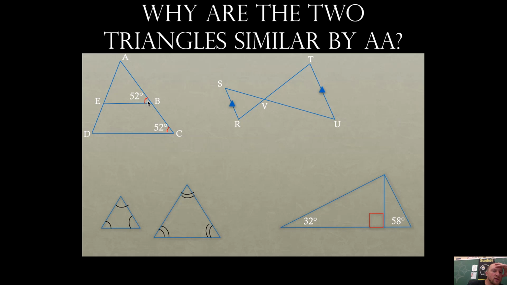Now, if these angles are congruent, these are corresponding angles. Doesn't that make these lines parallel? And if these lines are parallel, then these pairs of corresponding angles, they're congruent too. Even though you don't know what they are, they must be the same. These congruent angles prove that the lines are parallel. Parallel lines tell you that corresponding angles are congruent. So there you go. That's 2 pairs of congruent angles.